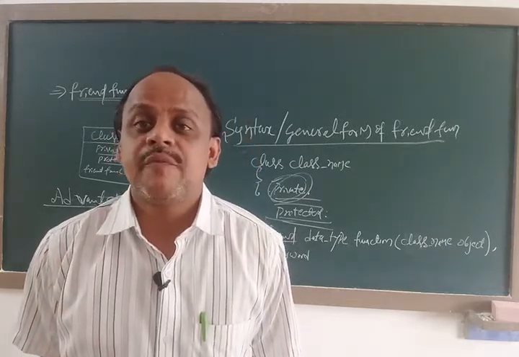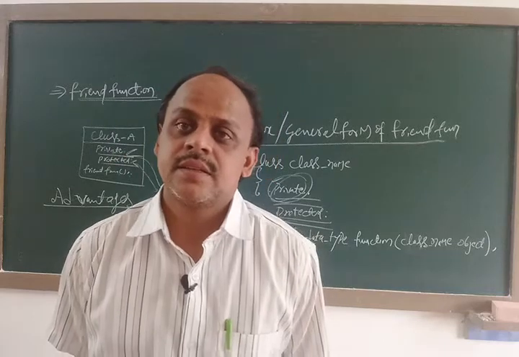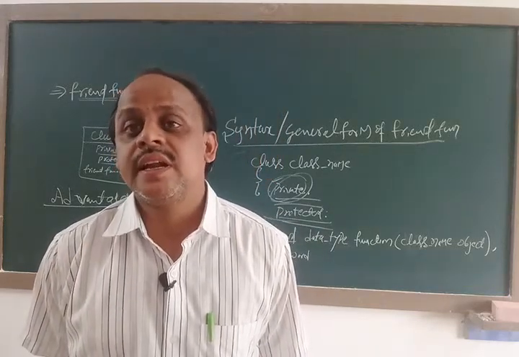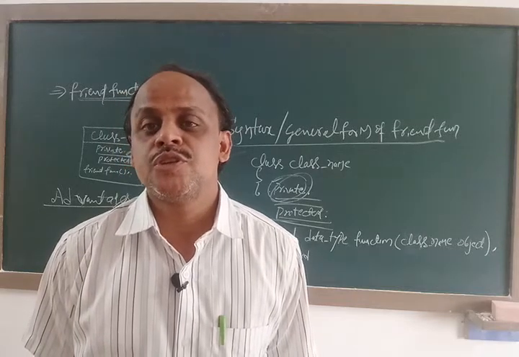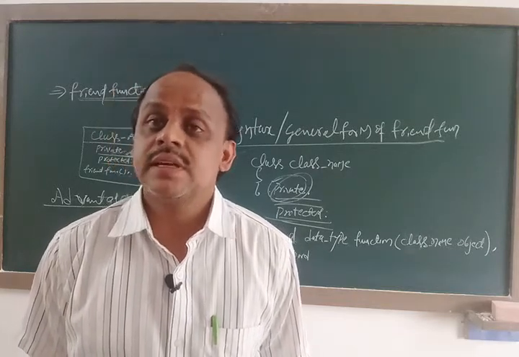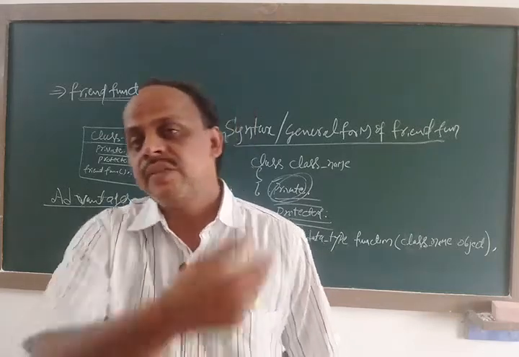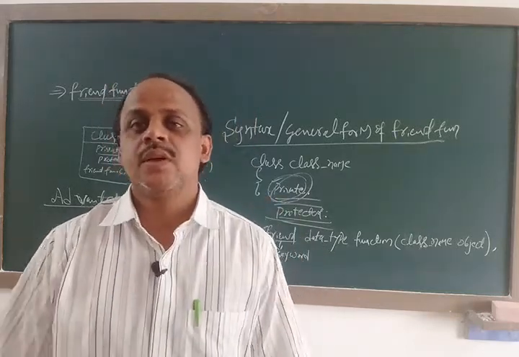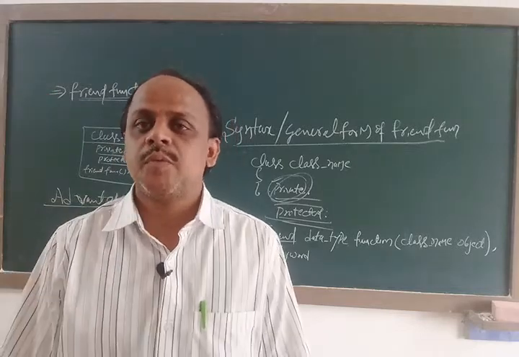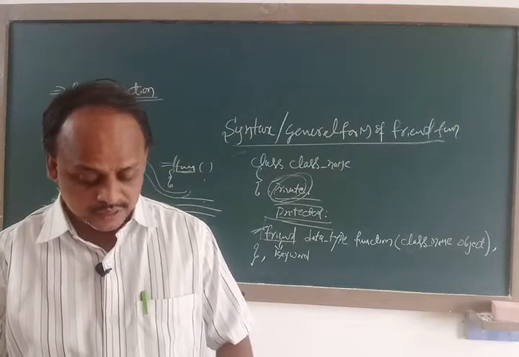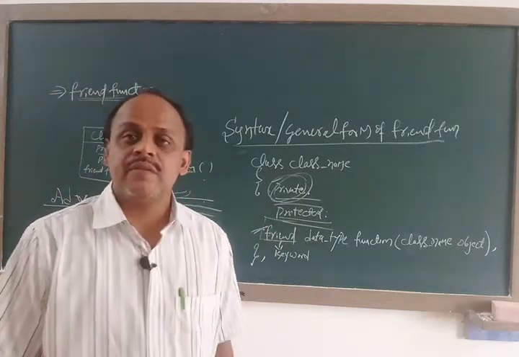But if we declared a friend function inside the class and want to define it outside the class, we need not use a scope resolution operator because it is a friend to the class. Directly we can use the name of the function without using the scope resolution operator or the class name. So these two are the advantages of a friend function.